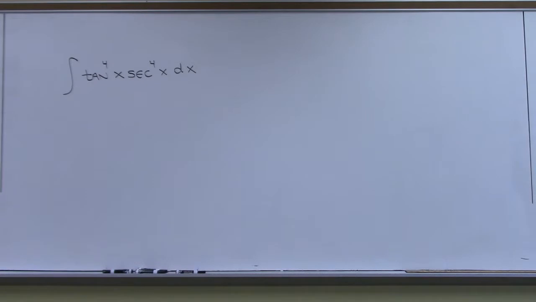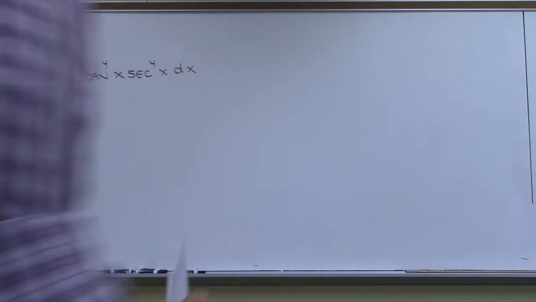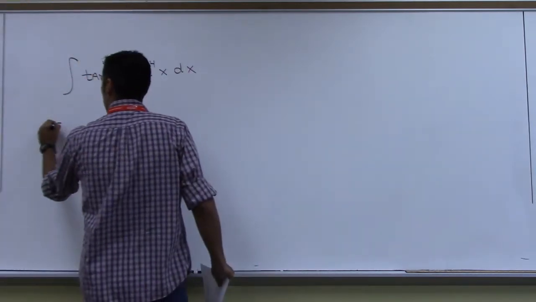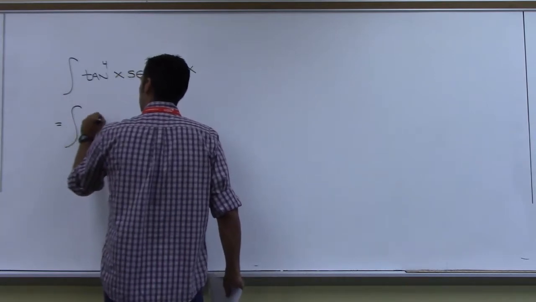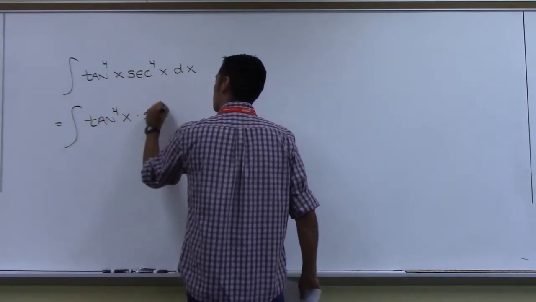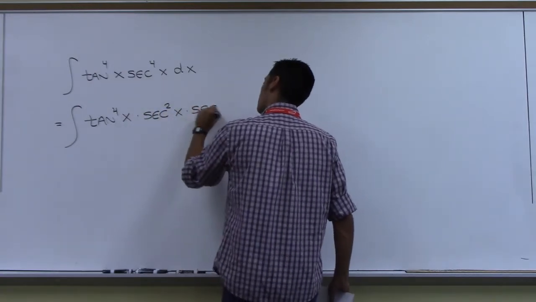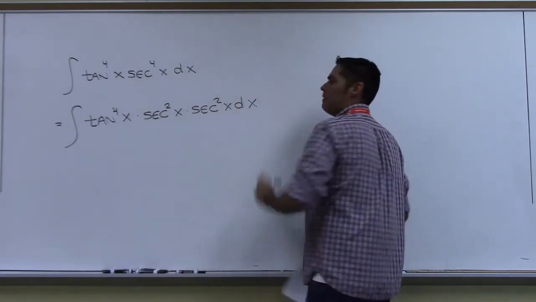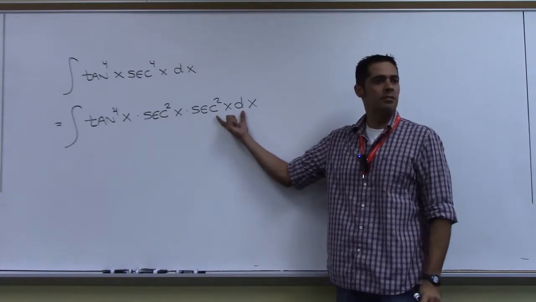We're going to save a factor of secant squared. What do they mean by save a factor of secant squared? Peel it off, right? Peel off the factor of secant squared, because this is all multiplication. Here it is.